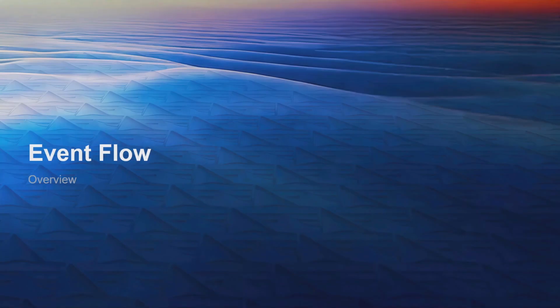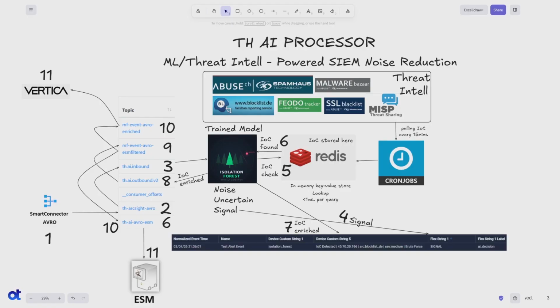So the event flow. Let's first take a look here at the event flow and how things are actually happening when we have the AI ML processor included. We have a smart connector, of course, an Avro smart connector, which is directly forwarding events to the TH ArcSight Avro topic.